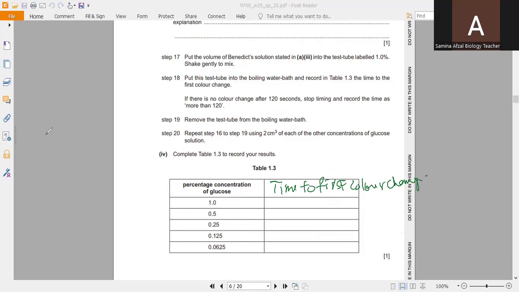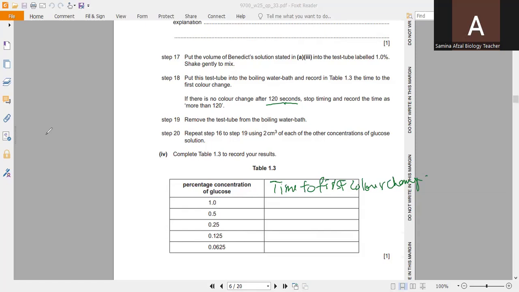If there is no color change after 120 seconds, stop timing and record the time as more than 120. Remove the test tube from the boiling water. Repeat step 16 to step 19 using 2 cubic centimeters of each of the other concentrations of glucose solution. Now complete table 1.3 to record your results.